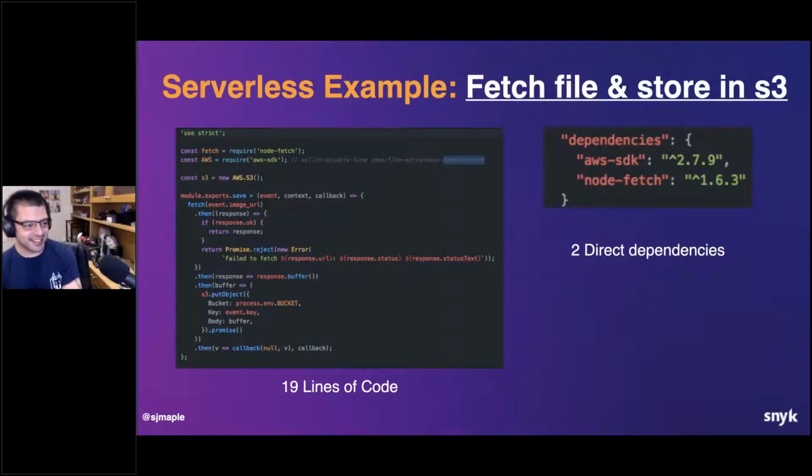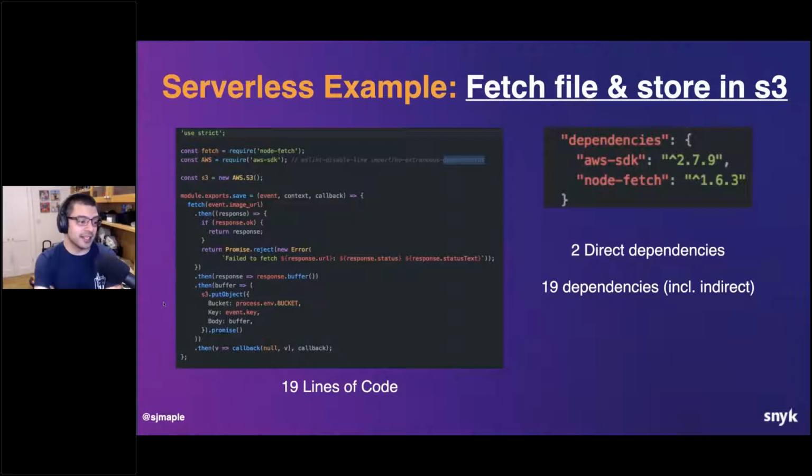Very good, Jonas, you're pretty much spot on there with 20. The actual answer is 19, and that includes indirect as well as direct. So what we have is the AWS SDK and the Node Fetch SDK pulling in a number of dependencies, those pulling in a number, etc., etc. And now we have 19 lines of code with 19 dependencies.